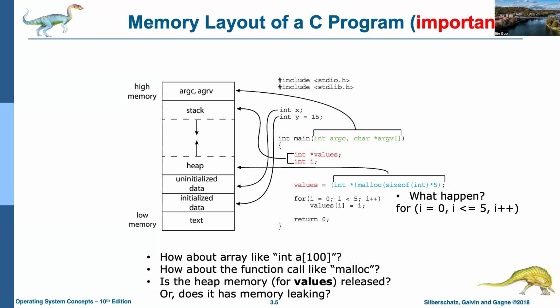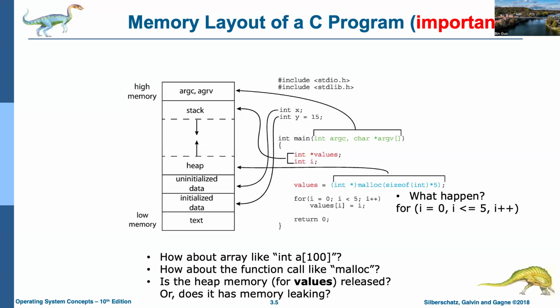All of this will be stored in the stack, and main and this variable are also stored in the stack. After this function call finishes, malloc finishes, it will return to the main function. So the stack will pop out all the things in malloc and return to the main function.